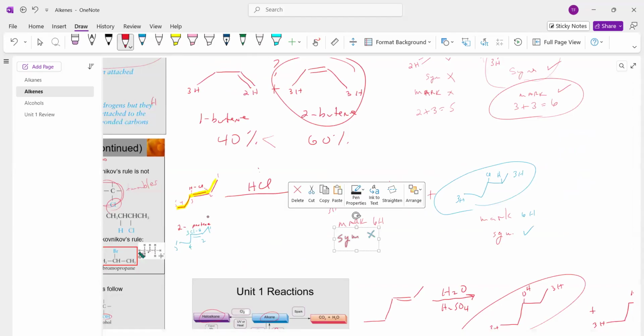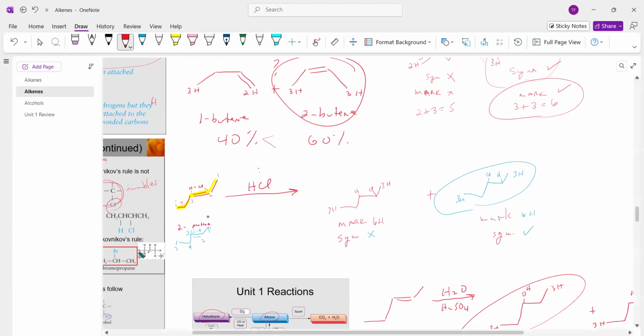And this is going to be, chlorine is on carbon number 3, so it's going to be 3-chloropentane. And this is going to be 2-chloropentane.